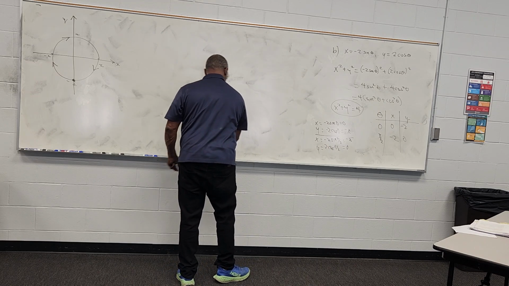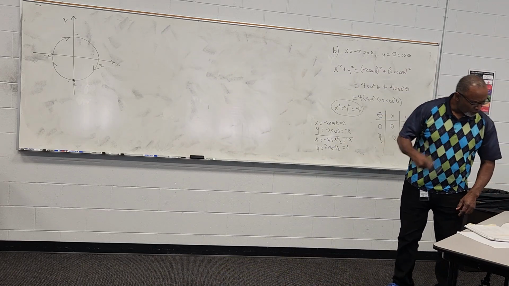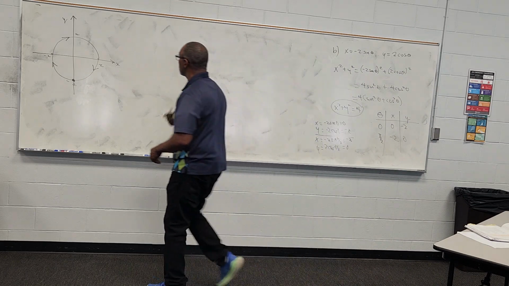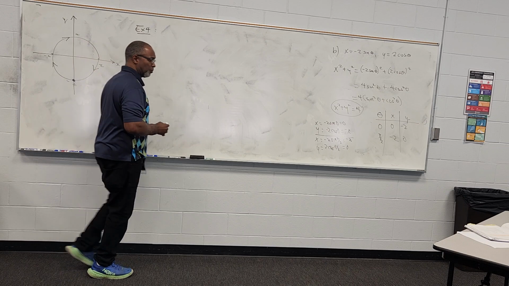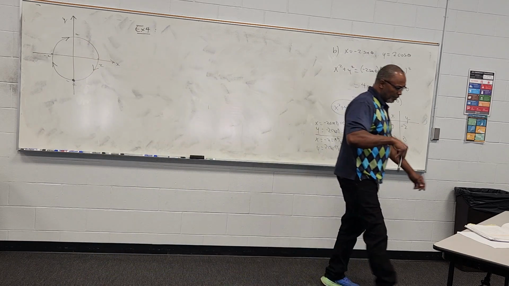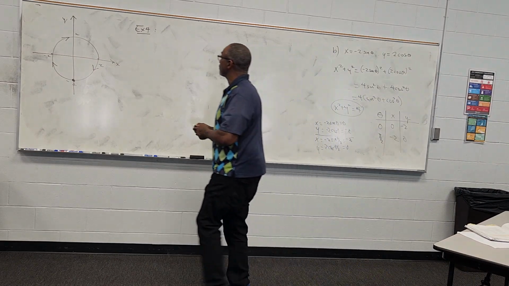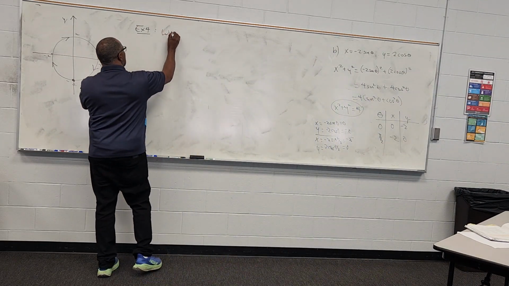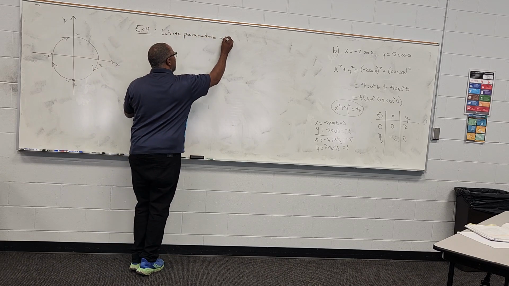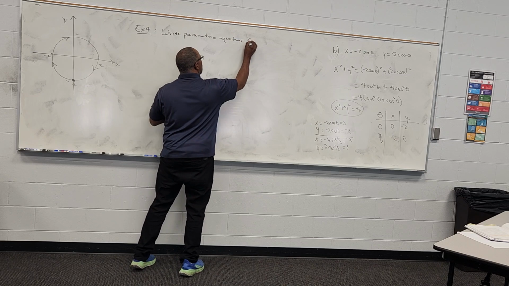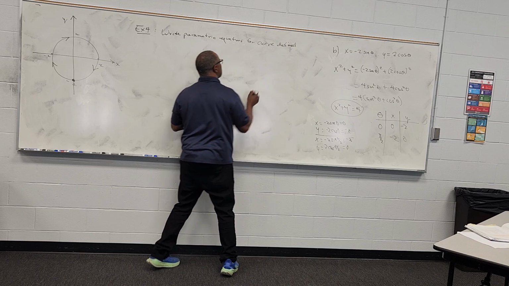So, this is example 4 on page 982. What they say is, write parametric equations for the curve defined by y equals x plus 2 with given definitions for x.